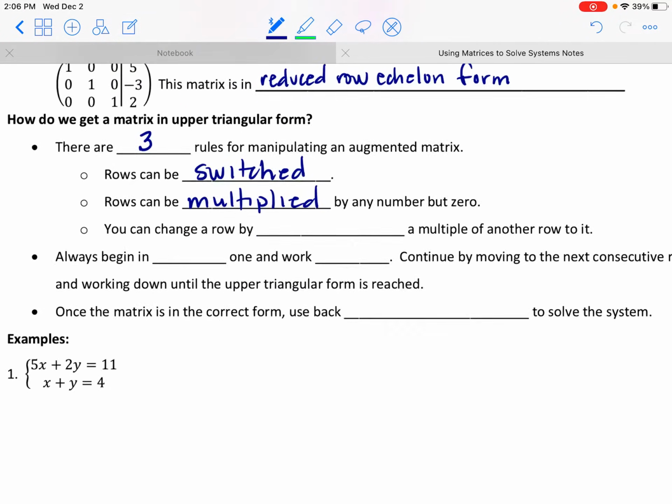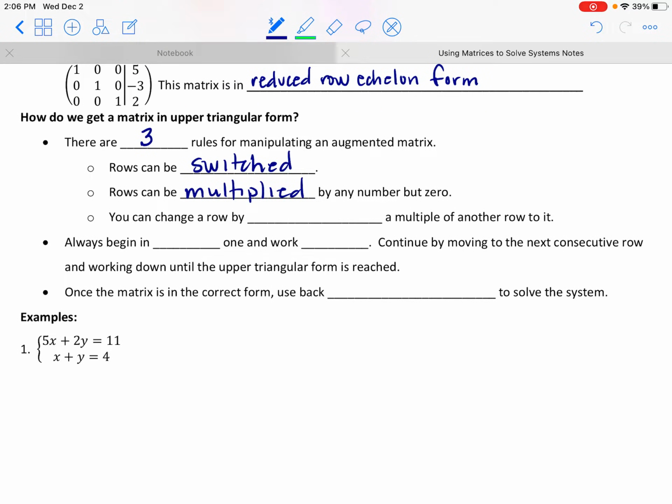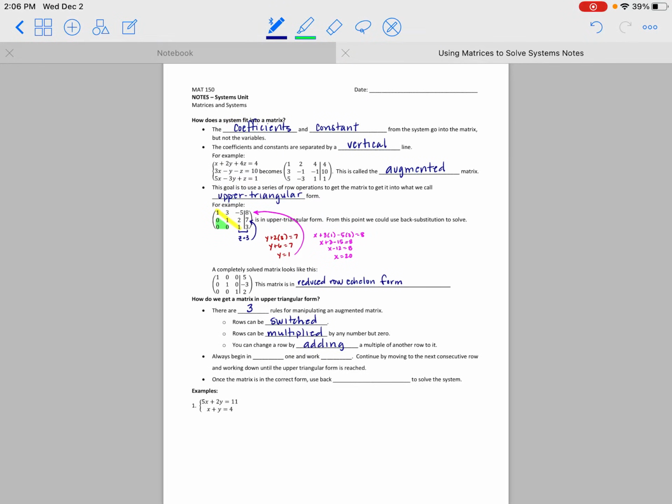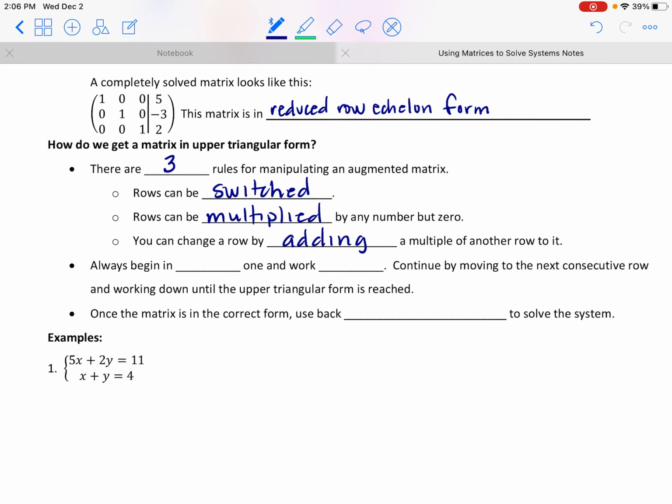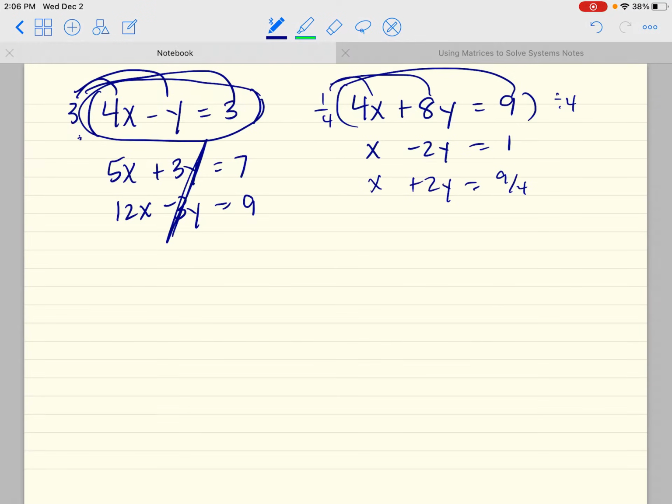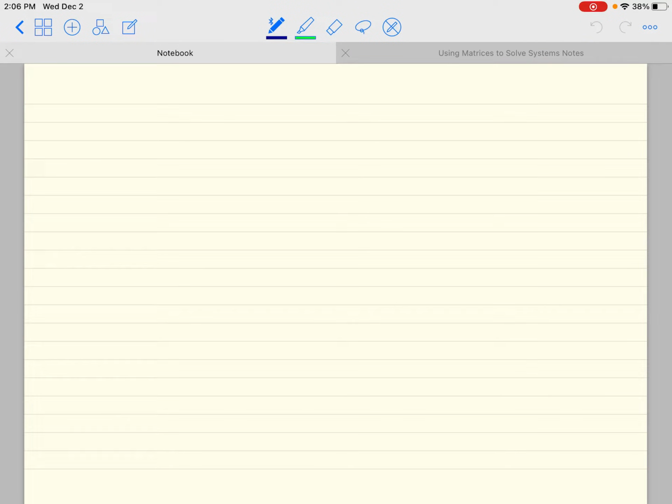And then the last one sounds the worst, but it's the one that we probably use the most. You can change a row by adding a multiple of another row to it. So change a row by adding the multiple of another row to it. So what we're doing is, I'm making a mess here.